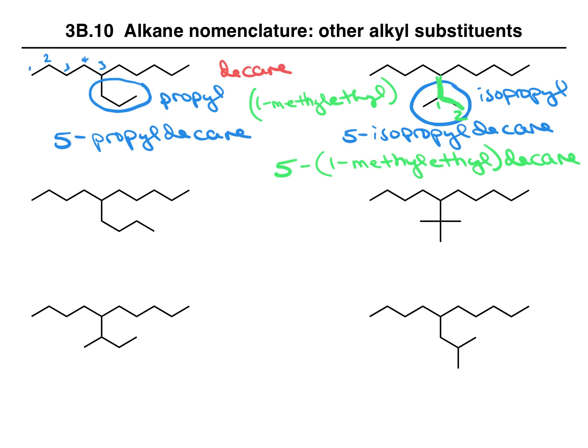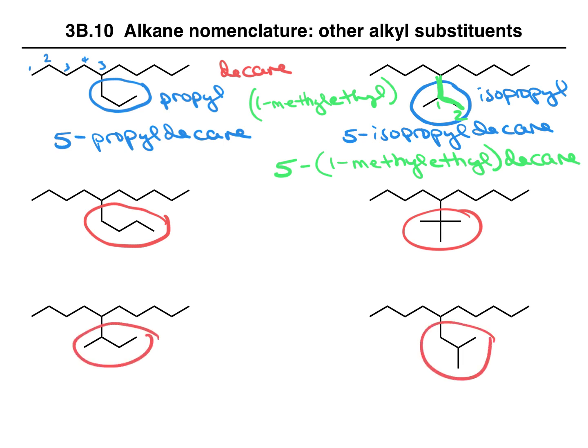The next few, we are looking at 4 carbons, 4 carbons, 4 carbons, and 4 carbons. So if we think about the common name, this would be an N-butyl group. This one is a T-butyl, where this carbon in the branch itself is connected to 3 other carbons. So this is a tertiary.